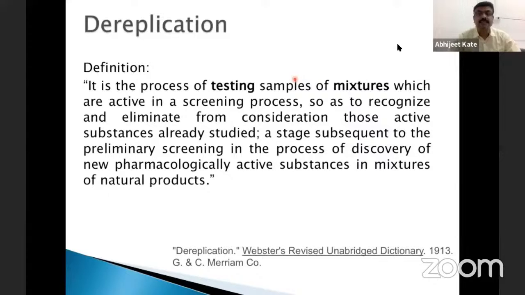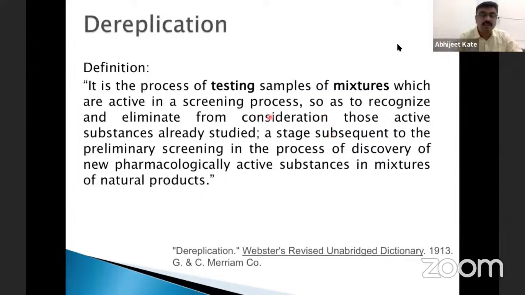It is a stage subsequent to the preliminary screening in the process of discovery of pharmacologically active substances in the mixture of natural products. By applying this strategy, you select the extract or plant for which you want to work further in detail.